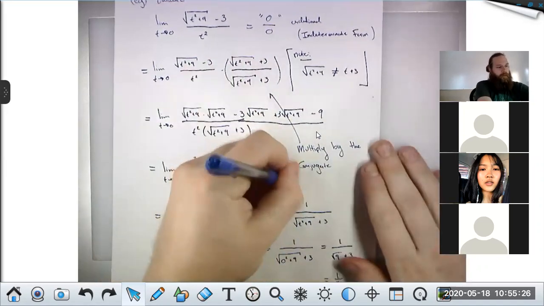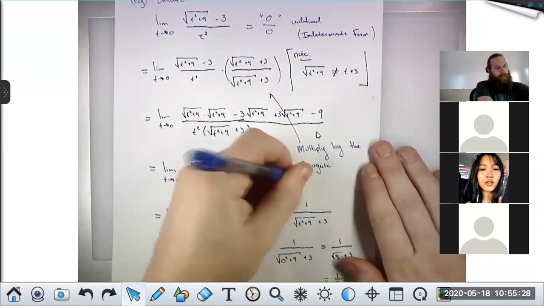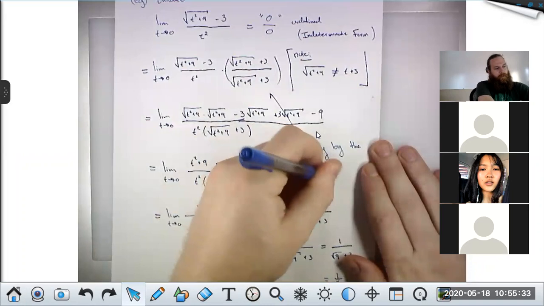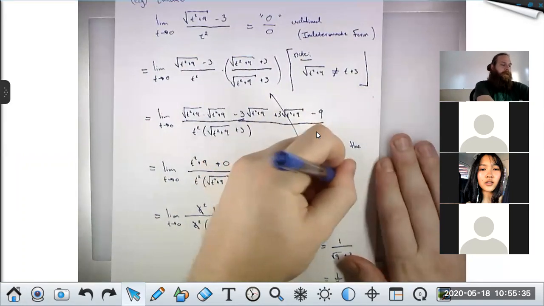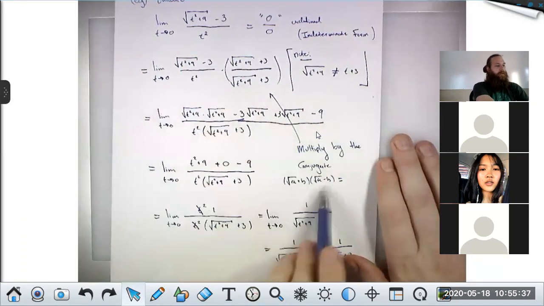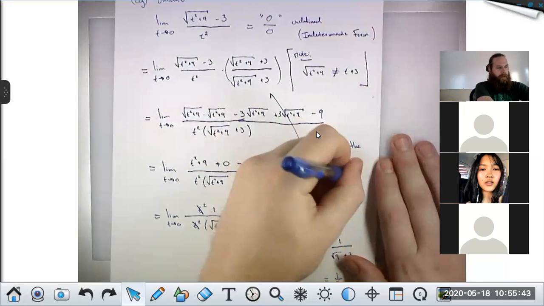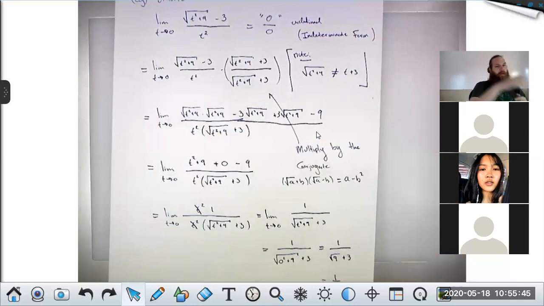So the square root of a plus b has conjugate square root of a minus b. And if you multiply these out, these always come out really nice. This will be root a times root a, which is a, plus b root a minus b root a, those cancel. This is always going to be a minus b squared. So there's a lot of nice cancellation that happens when you multiply by the conjugate.